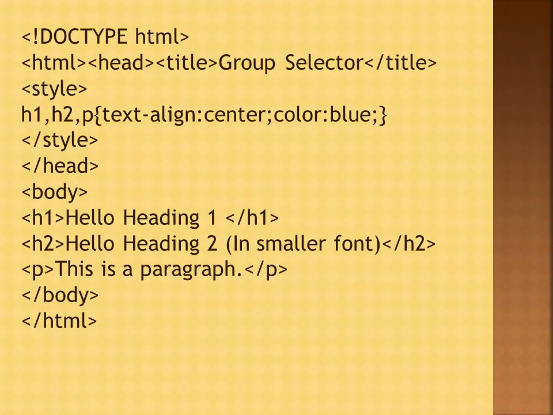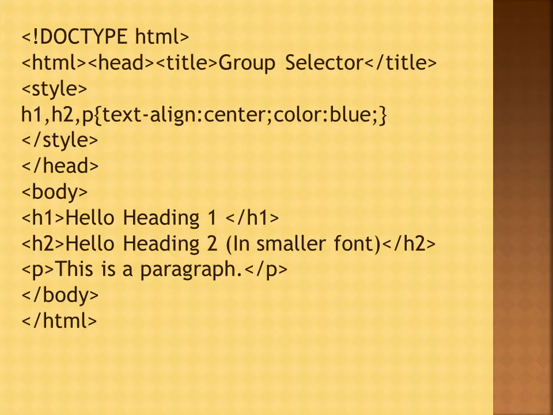Now second is the group selector. The grouping selector is used to select all the elements with the same style definition, and it is used to minimize the code. Suppose we want to apply the same style on multiple elements, then we use the group selector, that is we group those elements together and apply style on them.